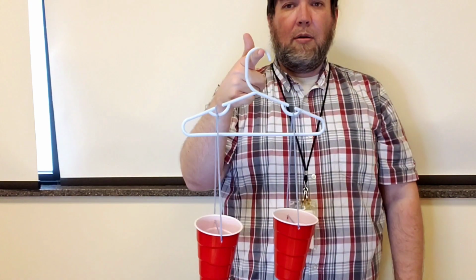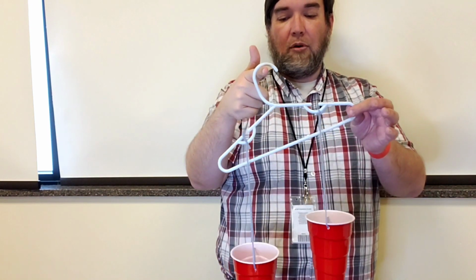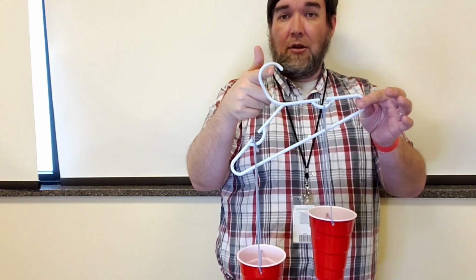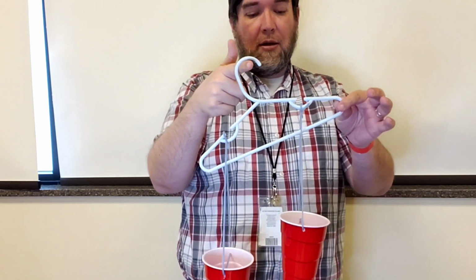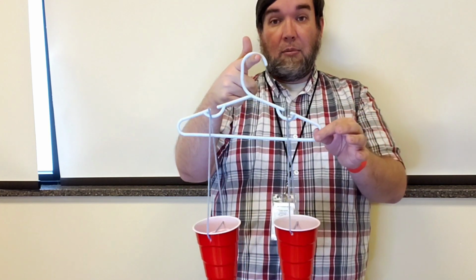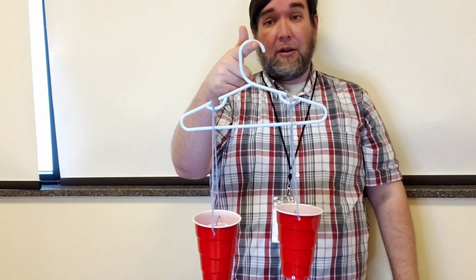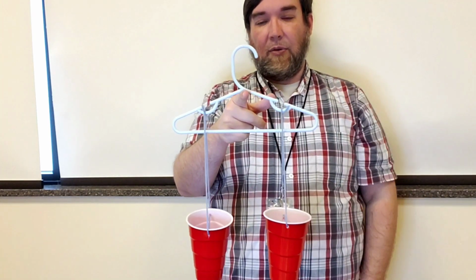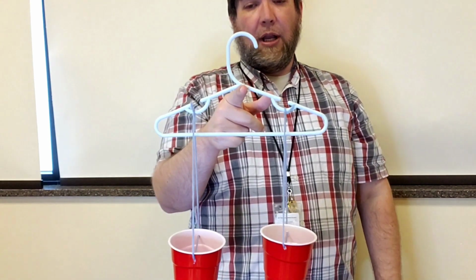Now if you put yours together and it's more something like this, there's two things you can do. You can either go back and do it again. You might have too much string, or maybe your holes are off a little bit, or maybe even just your coat hanger isn't balanced on its own. I checked this one first and it was balanced before putting anything on it.